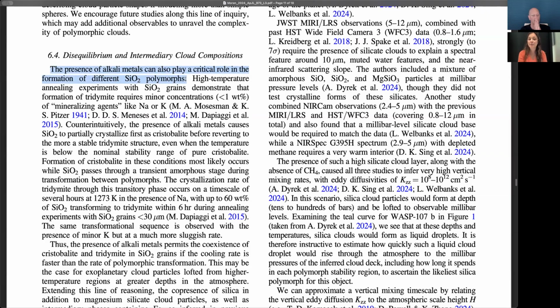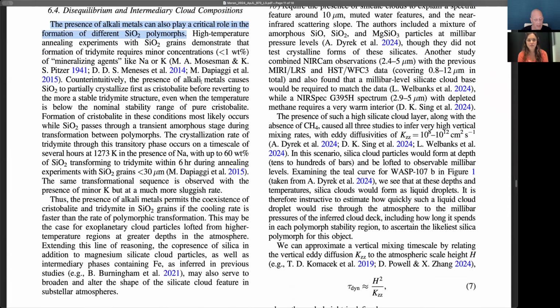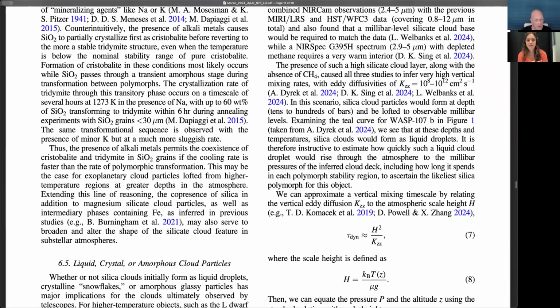It often needs the presence of sodium or potassium to start to transform into that particular crystal habit. And so you may not actually ever see tridymite without those materials also present. And so that would also be important to verify doing this kind of modeling. Very good. Okay, alkalis, non-equilibrium.